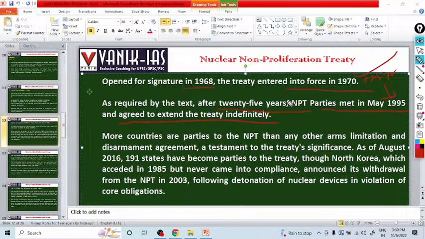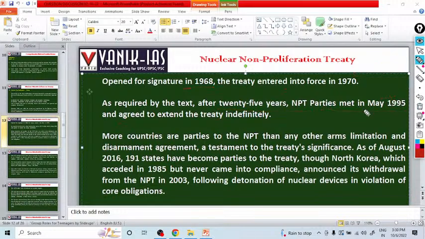The United Nations has a membership of 193, but the NPT has 191 countries as members. North Korea, which acceded in 1985 but never came into compliance, announced its withdrawal from the NPT in 2003 following detonation of a nuclear device in violation of the core obligations. North Korea was out of the treaty.